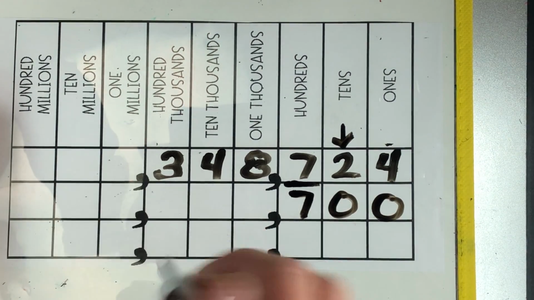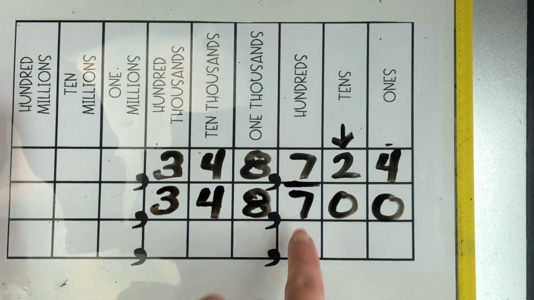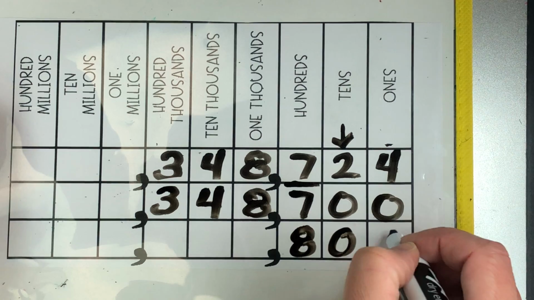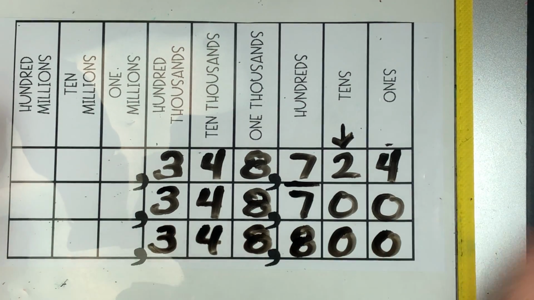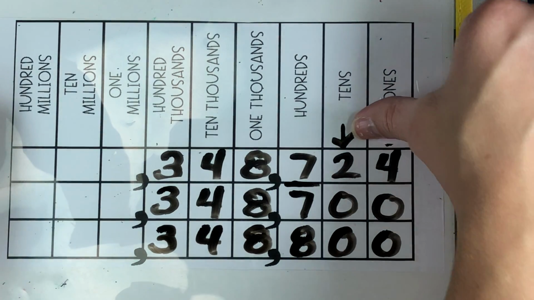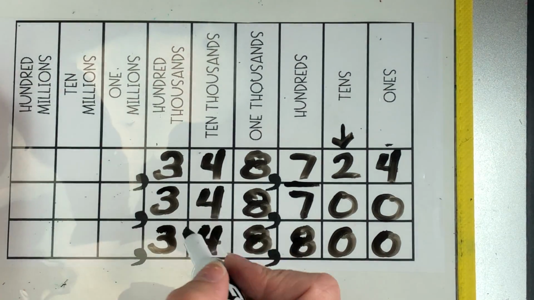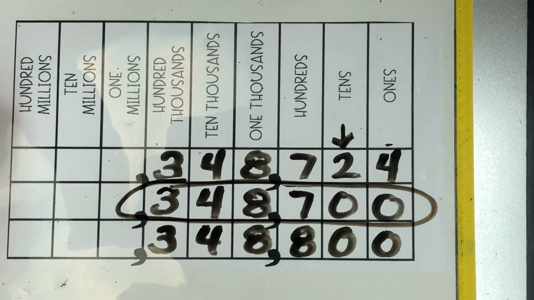Remember to include everything that comes before. And then if we were counting up by hundreds, this would go up to 800, and we want to remember to, again, include everything. According to the digit that we're pointing to, it's a 2, it's going to tell us to circle the smaller number because it is closer to that one.